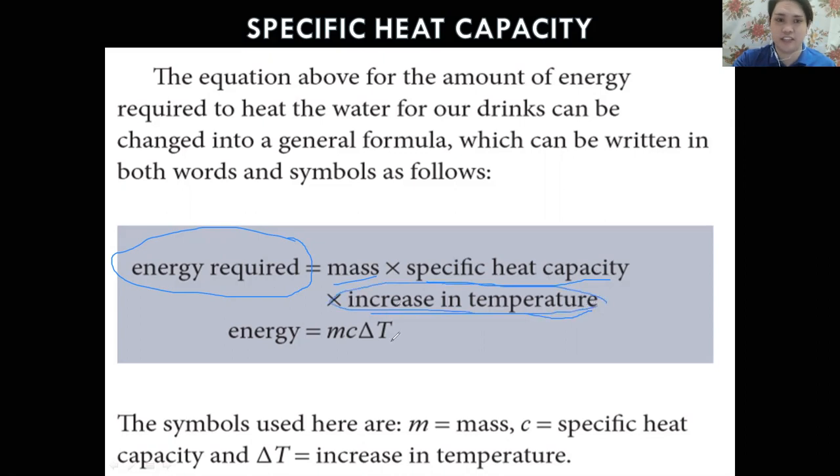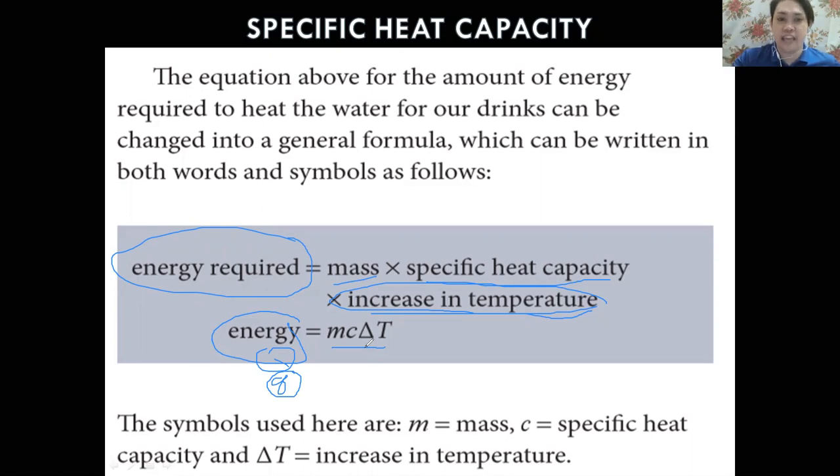Later, I will tell you. So we can denote it as energy is equal to mc delta T, or you can represent energy as Q, capital Q or small q, but we prefer small q. So q is equal to mc delta T.